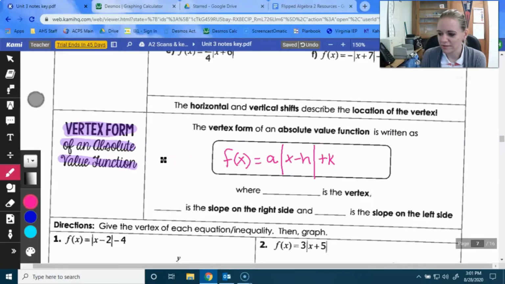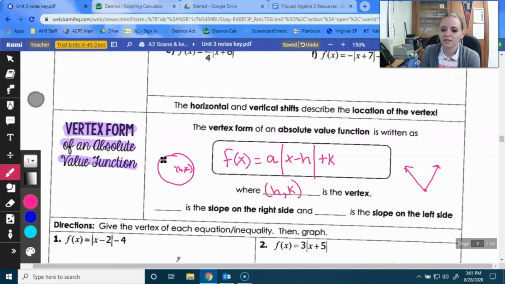Well, we're about to find out. So if you remember this from geometry, hk, remember hk? It is the center of your circle. So again, it's very similar here with your absolute value equation or graph. It is your vertex. HK is the vertex.